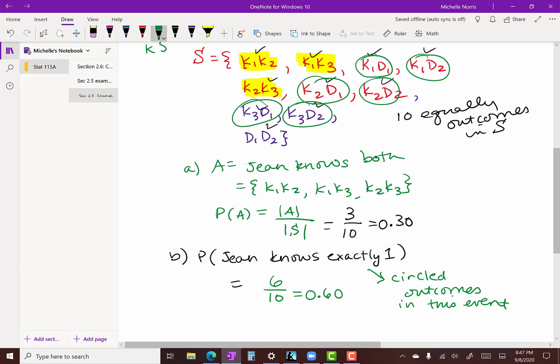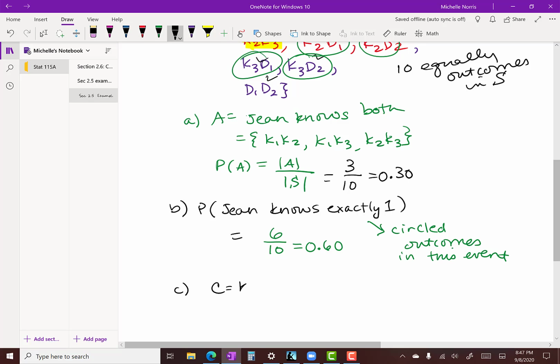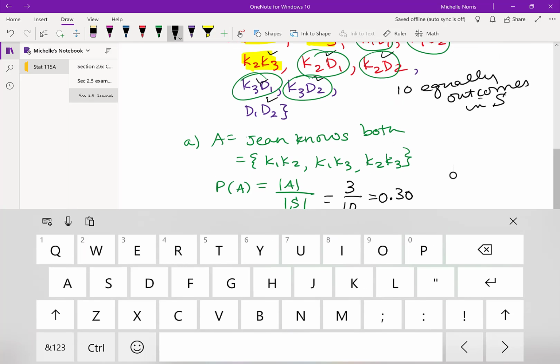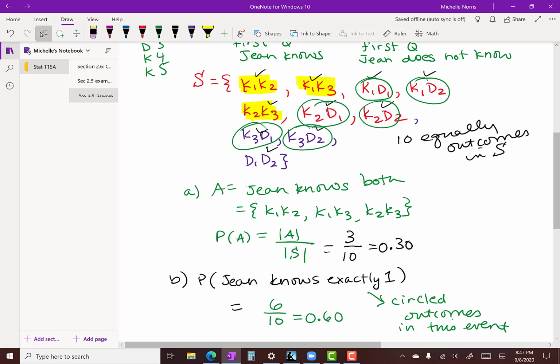And then the last question is the probability she knows at least 1 question. So for part C, let's let the event C be that she knows at least 1 question. The probability of event C is going to be the number of outcomes where she knows at least 1 over the number in the sample space. We know the number in the sample space is 10. So let's go back up, and where she knows at least 1, I'm going to put a slash through those with purple.